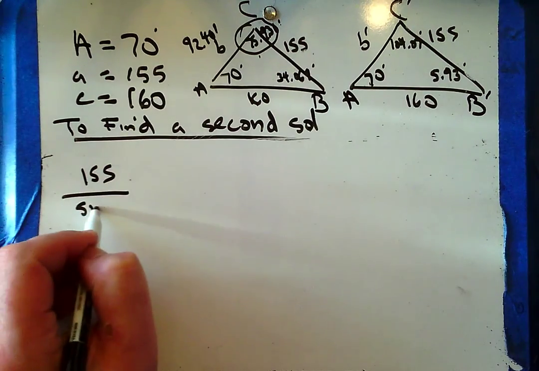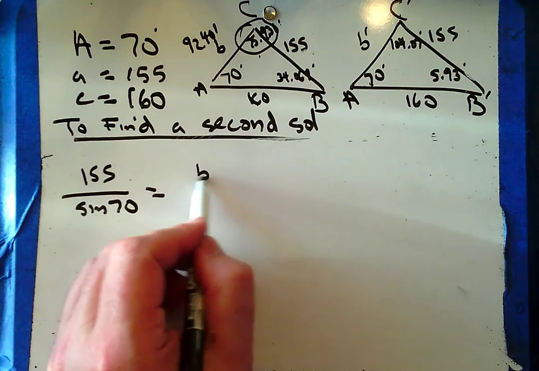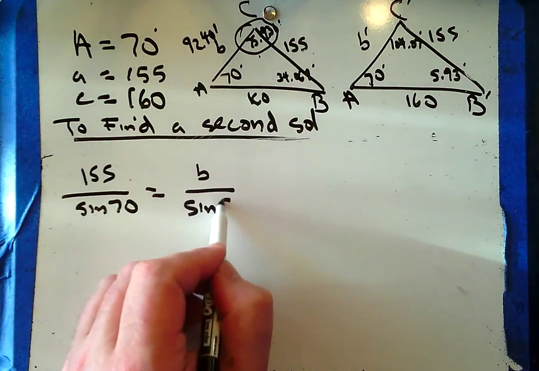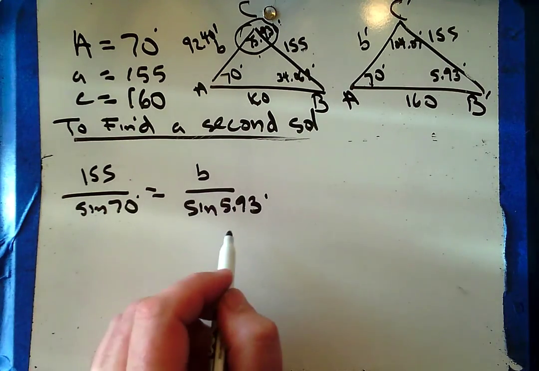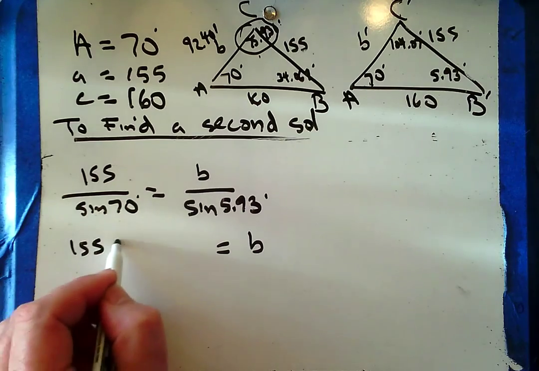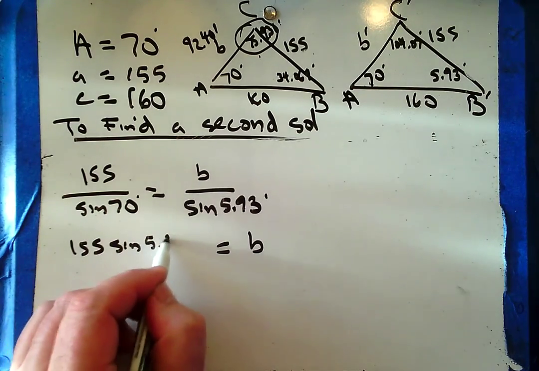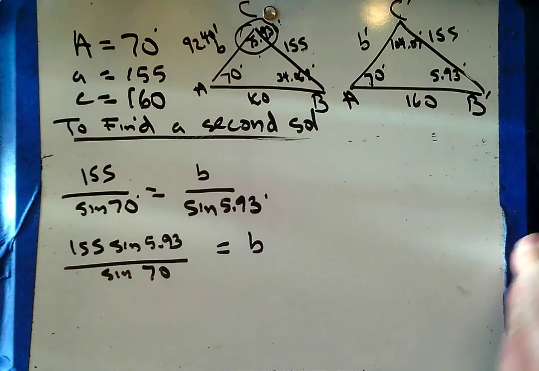155 over sine of 70 equals little b over sine of 5.93. So I multiply both sides by sine of 5.93 and divide both sides by the sine of 70.